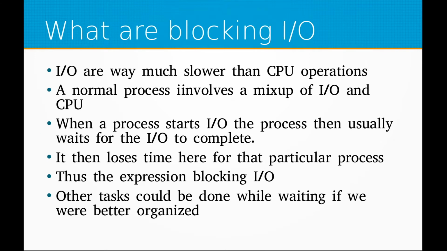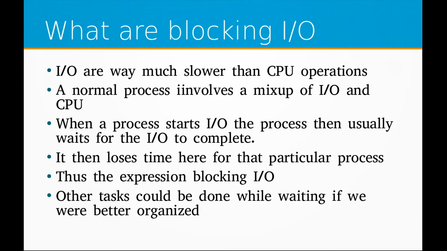So what are blocking IOs? IOs are very much slower than CPU operations. A normal process involves a mix of I/O and CPU, so when a process starts an I/O, either reading or writing, it must wait until it's done, and it's, I don't know, maybe 1,000 times slower to wait for I/O than to do CPU.